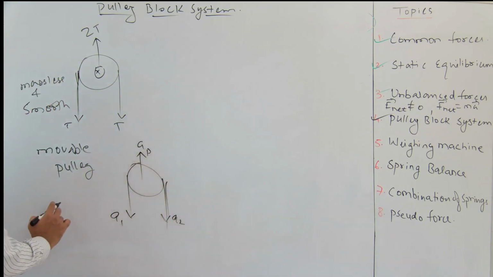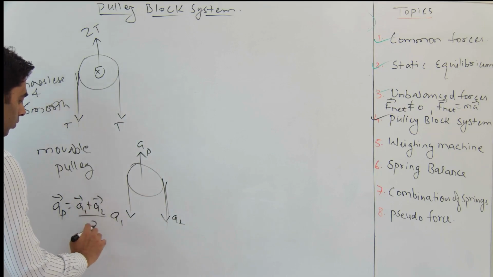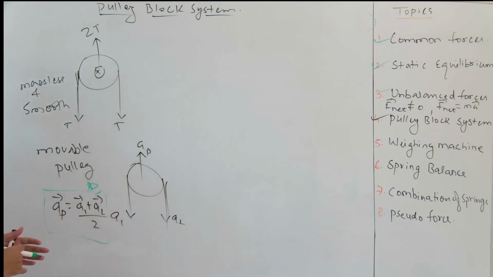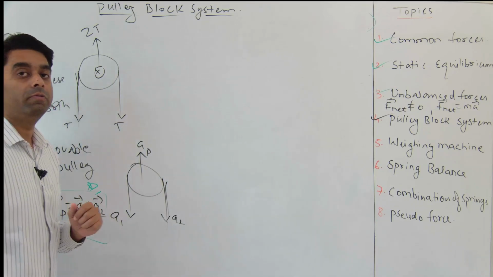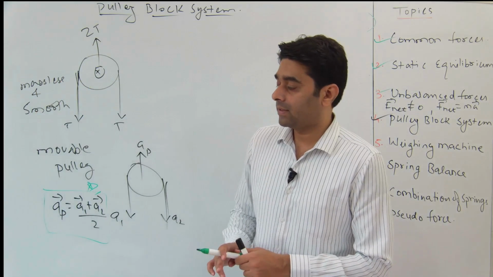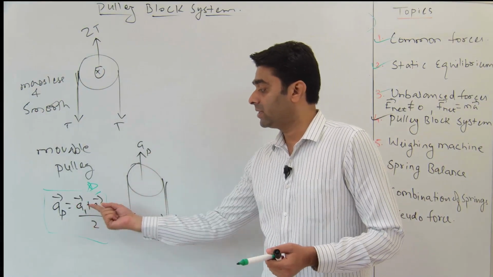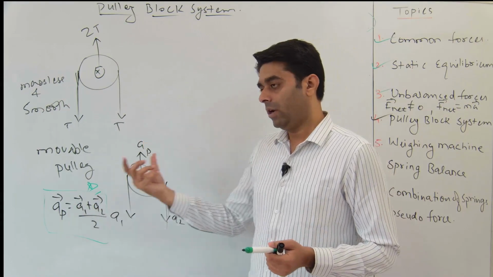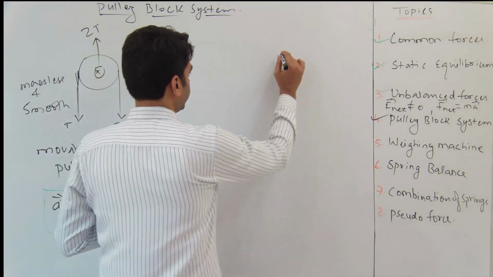Then we can write the result: acceleration of pulley is equal to A1 plus A2 by 2. Using the constraint, we get this relation. You will notice that I have used vector signs over here, as it may happen that one of them is going up and the other down. That means while applying this relation, you should consider the sign also, right? Now, let us look at some of the basic cases of the pulley block system.